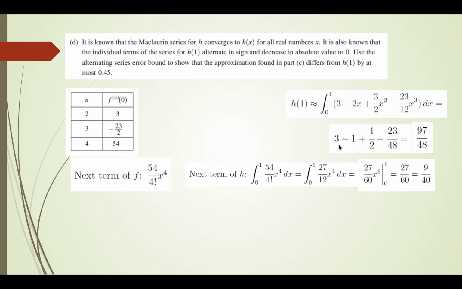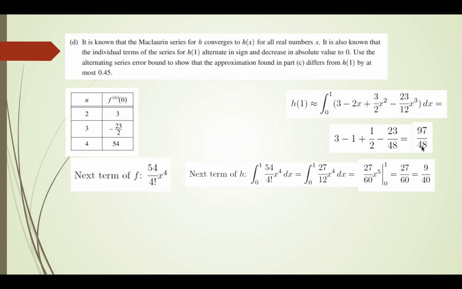So, going back to how we approximated h, if we had extended this one more term, that next term would have been 9 over 40. And what that next term, that 9 over 40, represents is the maximum error that we could possibly have in our approximation that we found.